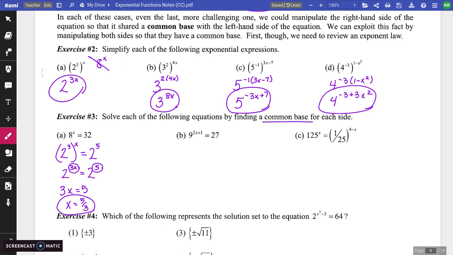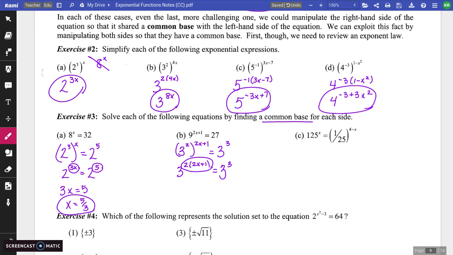All right, B. Same thing. We have a 9 and a 27. So those can both be rewritten using a base of 3. So 9 is 3 squared, and then that would be to the 2x plus 1 power. And 27 is 3 cubed. So now, using my power to a power, this is going to be 3 to the 2 times 2x plus 1 power equals 3 cubed.